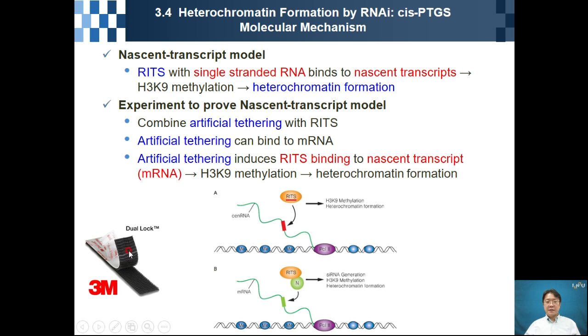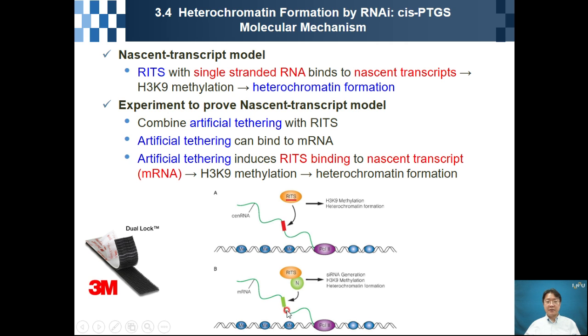This is one example of artificial tethering. This artificial tethering can bind to the mRNA, and so it induces RITS binding to the nascent transcript.